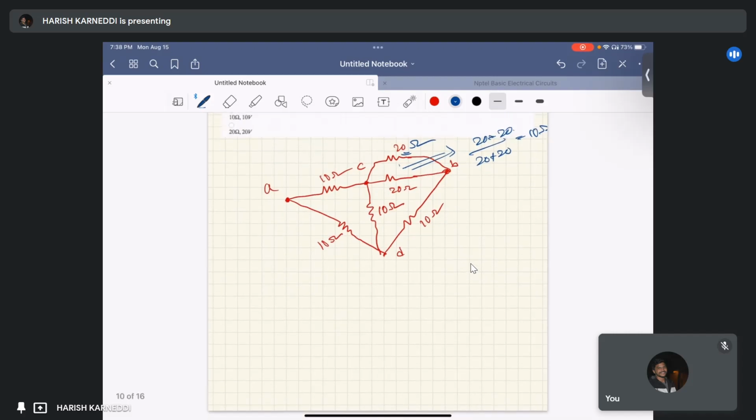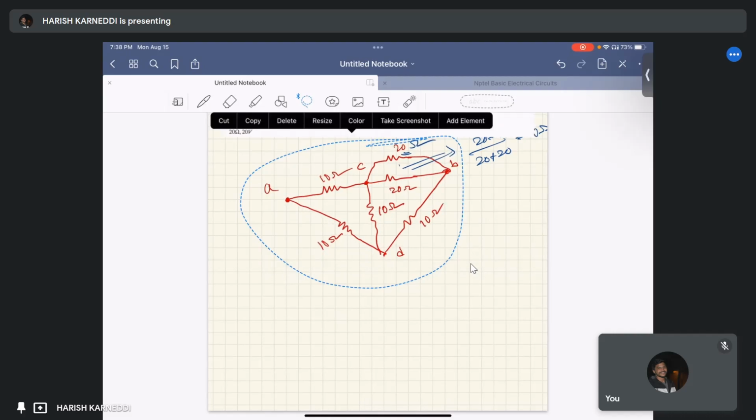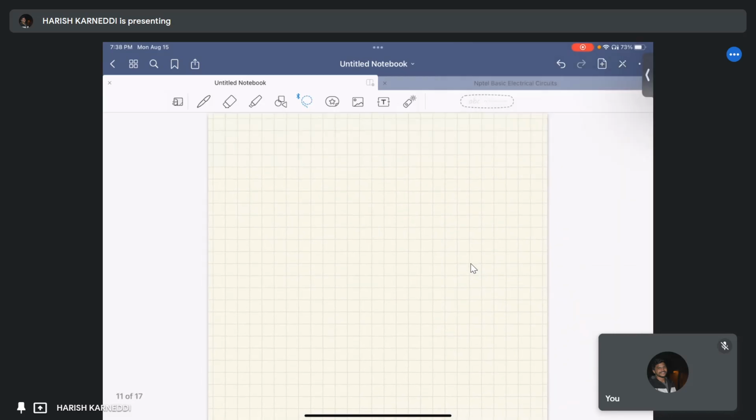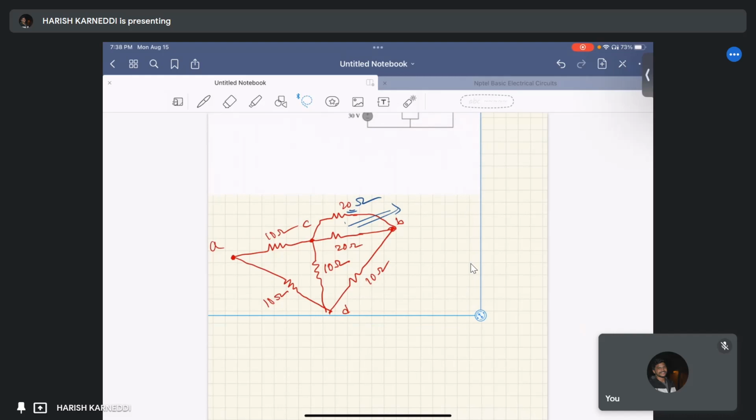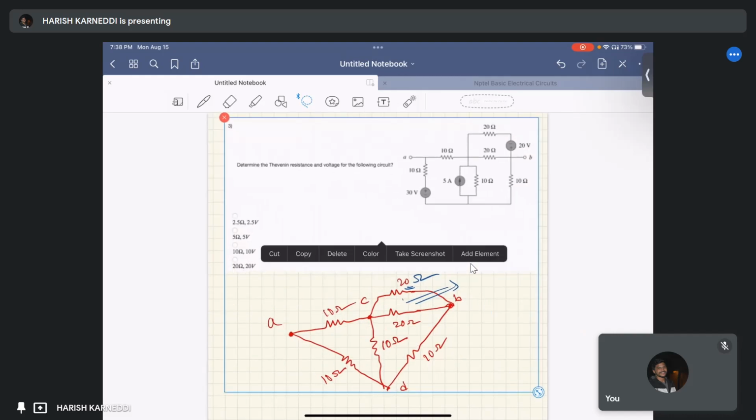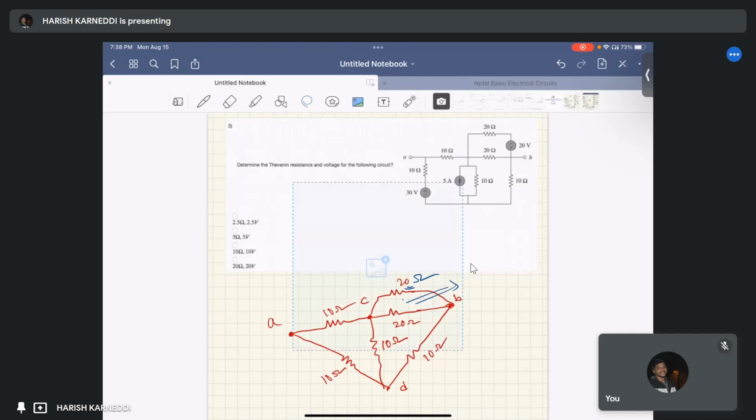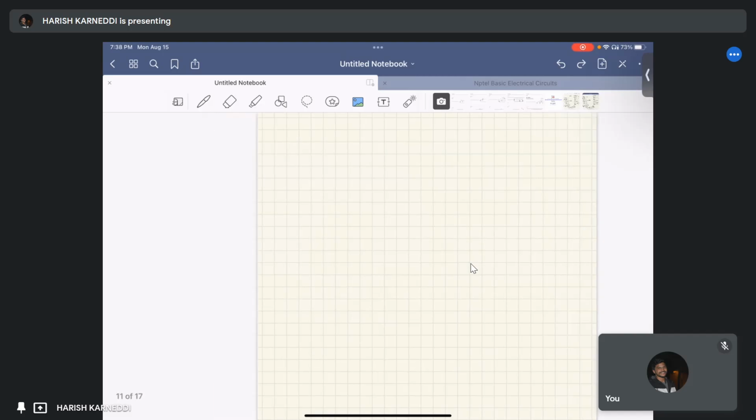So the same circuit can be redrawn as, just a minute.